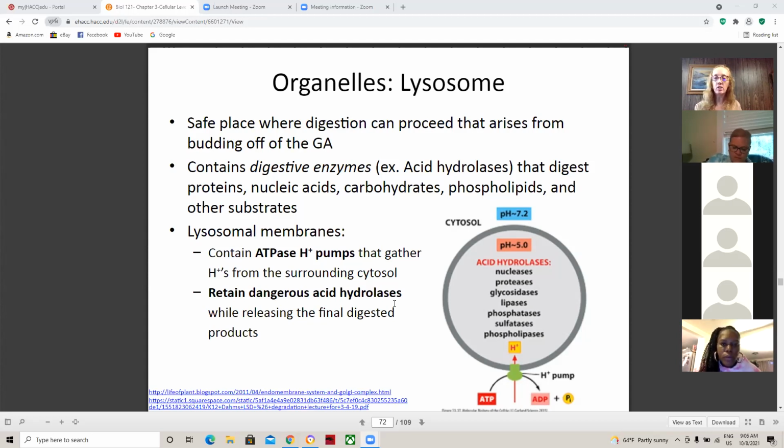You know what hydrolysis means? It breaks bigger things into smaller things. So these are acid hydrolases, meaning that their optimum pH is a lower pH. And they can digest proteins, nucleic acids, carbohydrates, phospholipids, and other substrates.